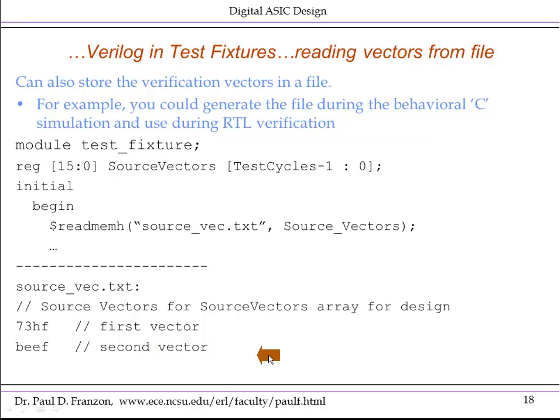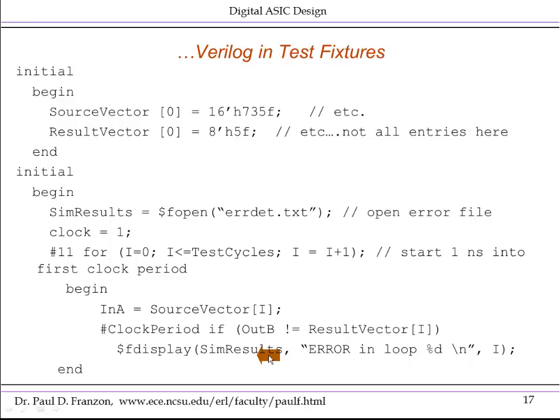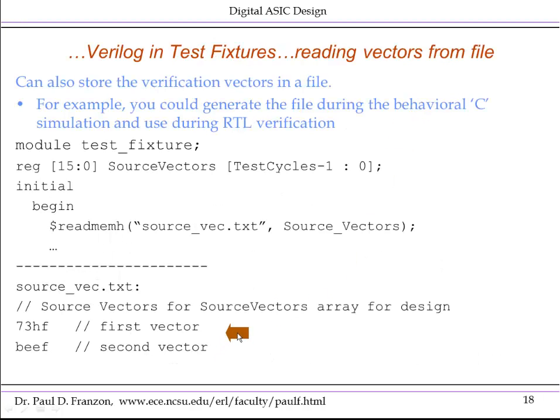This is obviously much more convenient than what I had in the previous page, where I had this initial block in which I had to write out and assign all the source vectors. It's a lot less typing. Also, it creates a very straightforward way to translate source vectors produced from your C-level simulations to source vectors that can be read into your Verilog file.